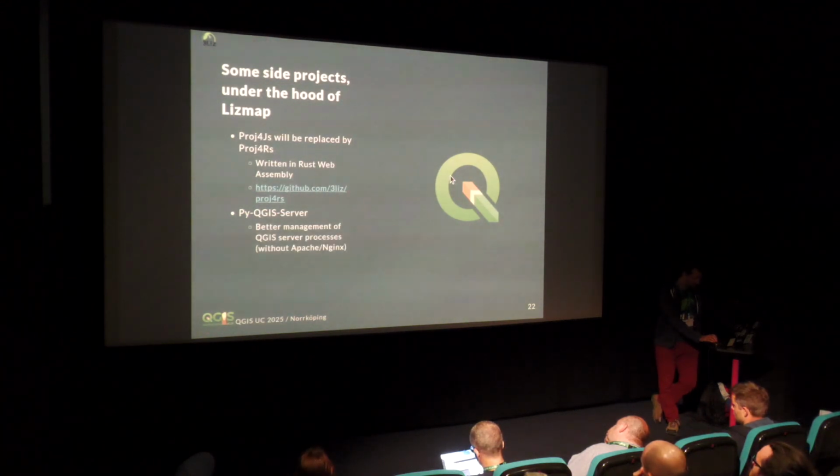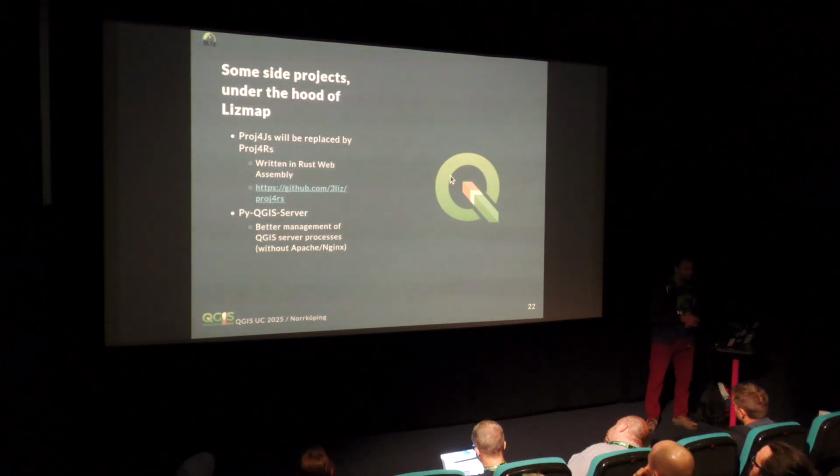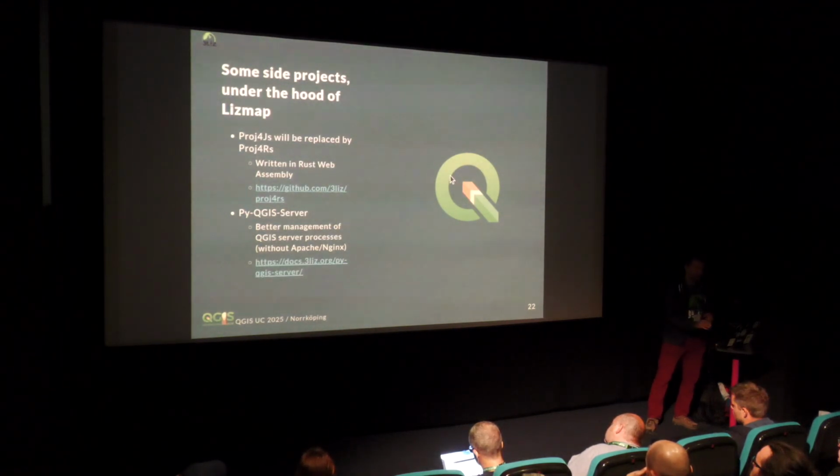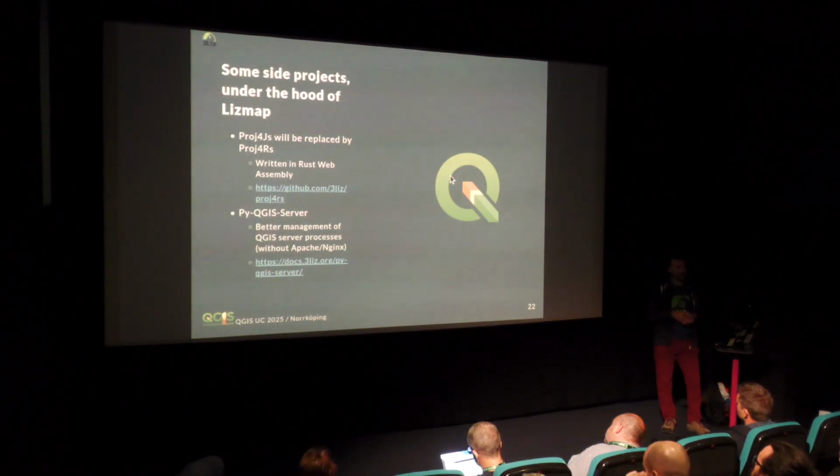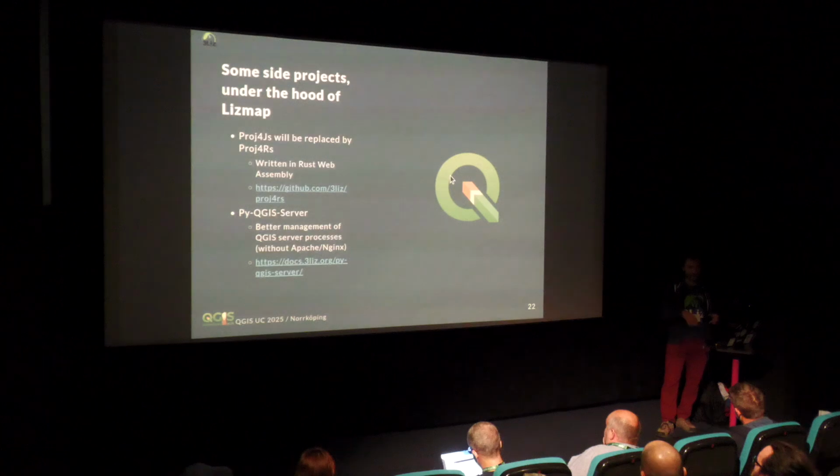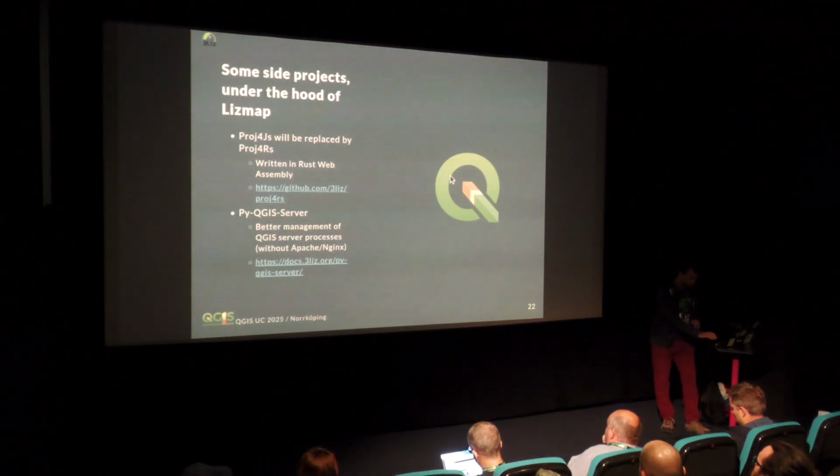Also, PyQGIS Server. We wrote this software to have better management of QGIS processes, because we are running QGIS Server on a server, and we got some issues when processes were spawned by Apache or Nginx, and how processes were sometimes even destroyed suddenly, and how we can better handle the cache of QGIS projects within each process.